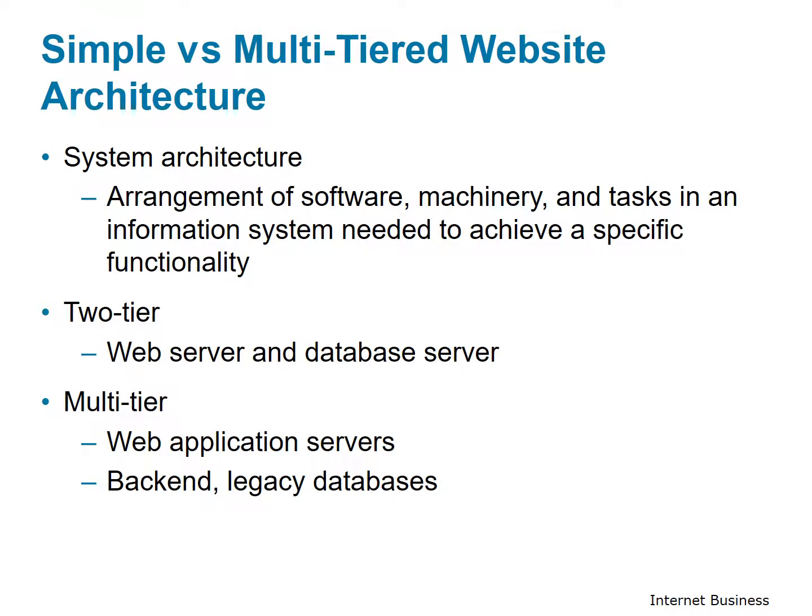Simple versus multi-tier website architecture. System architecture: the arrangement of software, machinery, and tasks in an information system needed to achieve a specific functionality. Two-tier architecture: web server and database server. Multi-tier architecture: web application server, backend, legacy database.